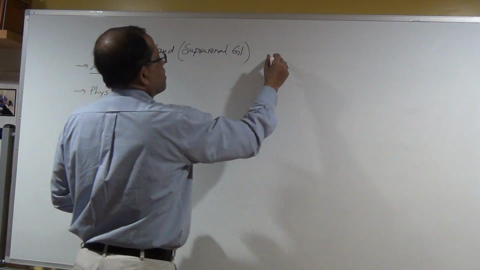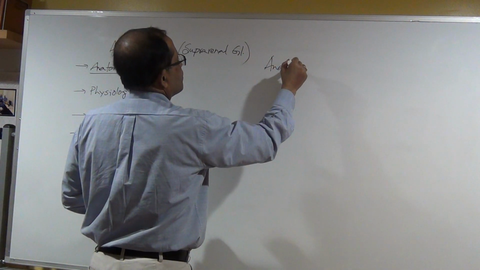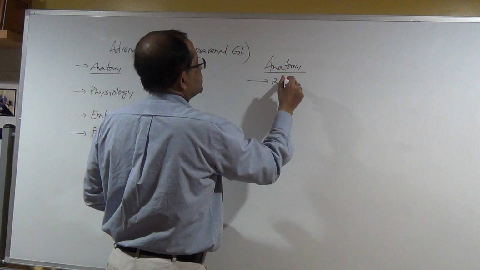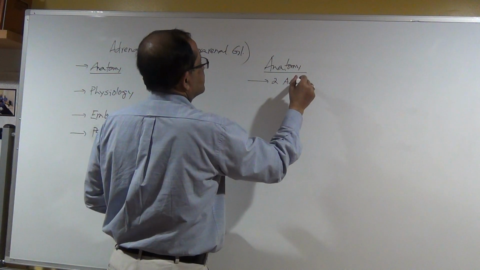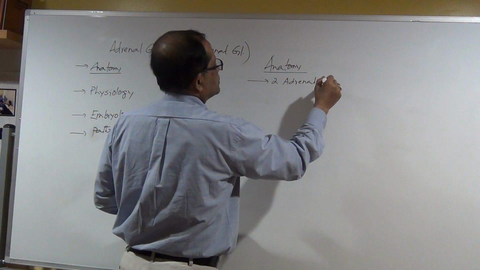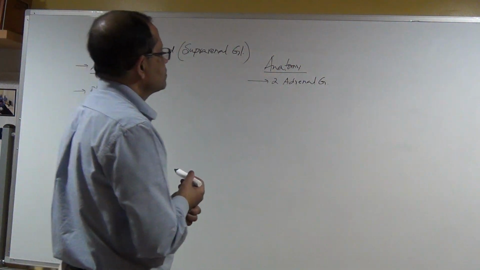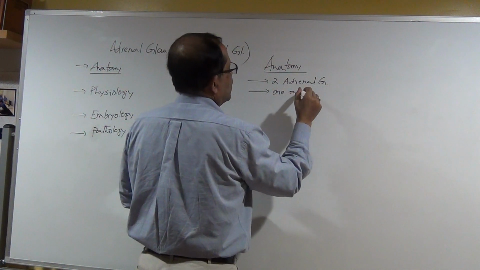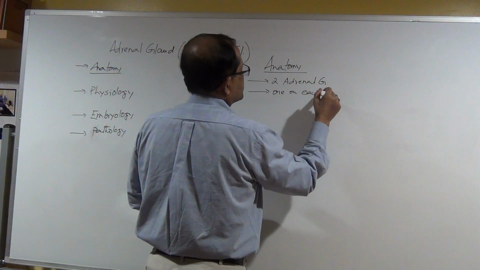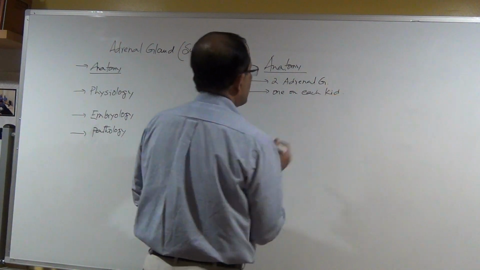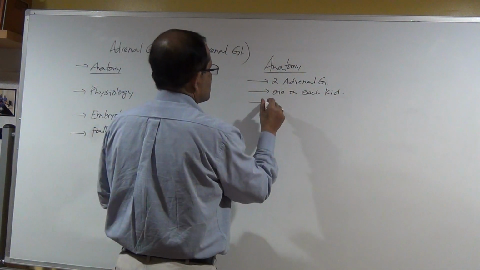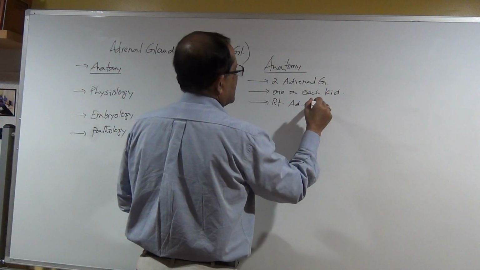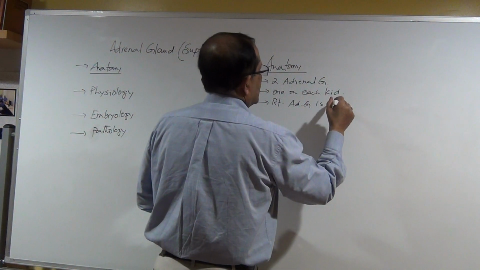There are two adrenal glands. One on each kidney. The right adrenal gland is pyramidal shape.